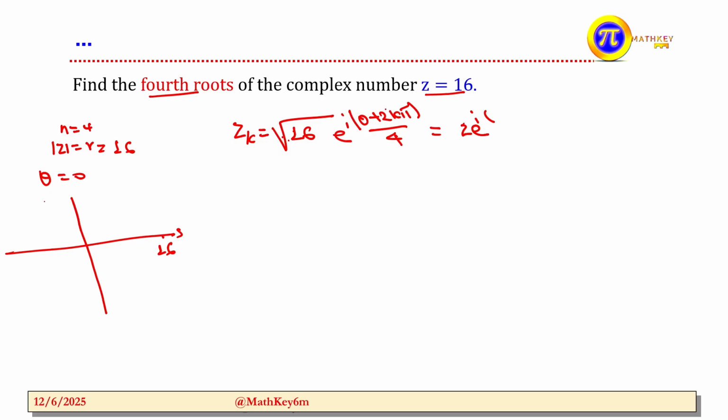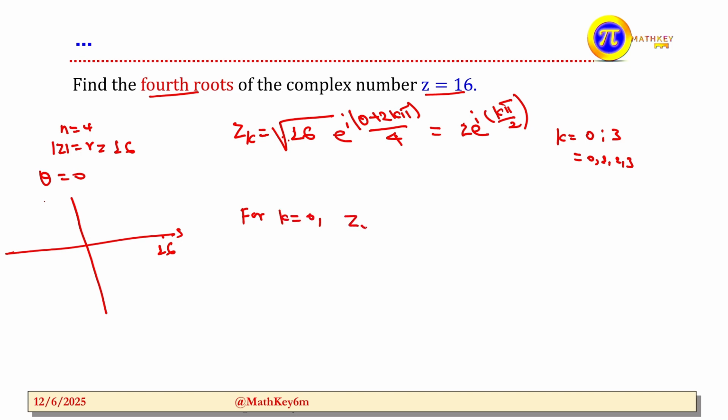Cancelling, that is 2 by 4, so it is kπ over 2. Here k must run 0, 1, 2, then 3.